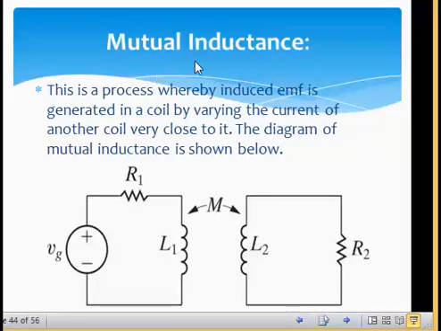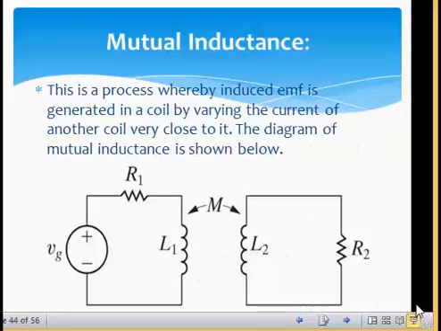Now we're going to talk about mutual inductance. What is mutual inductance? The name implies mutual, which means there are two coils this time around. Mutual inductance is a process whereby induced EMF is generated in a coil by varying the current of another coil. The diagram of mutual inductance is shown below.